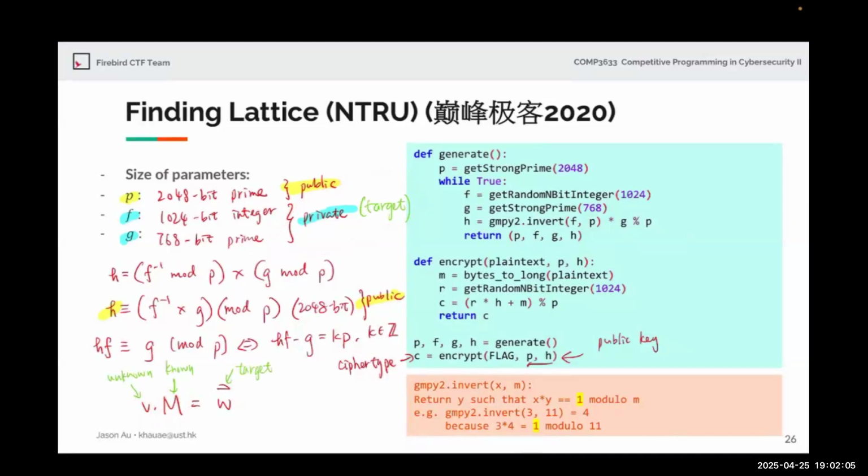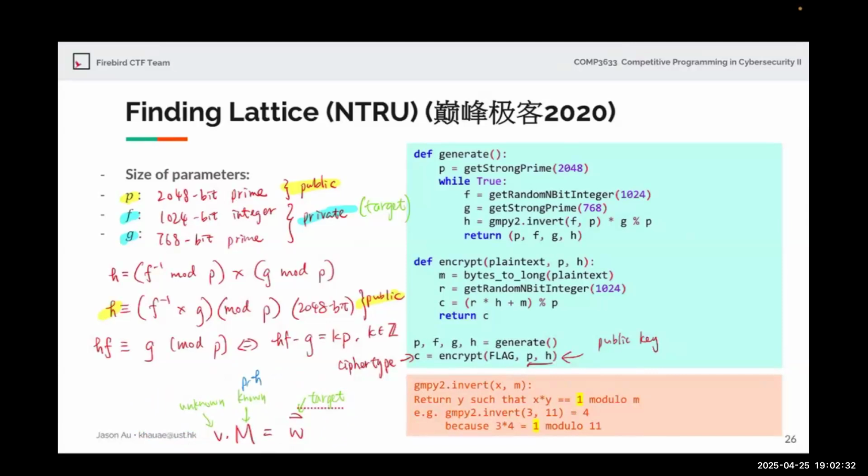So what we know, P and H. This is known and unknown.